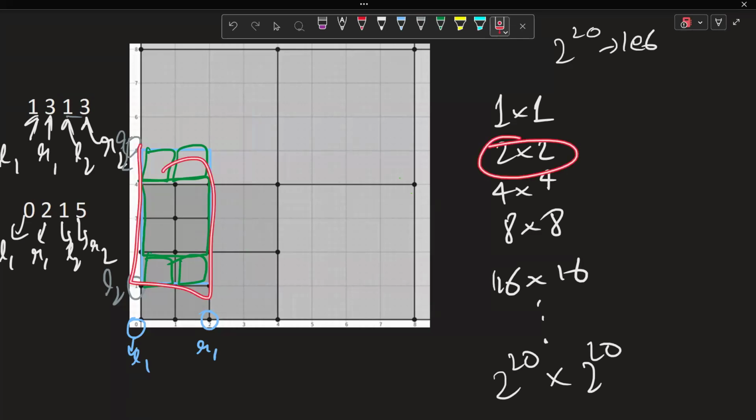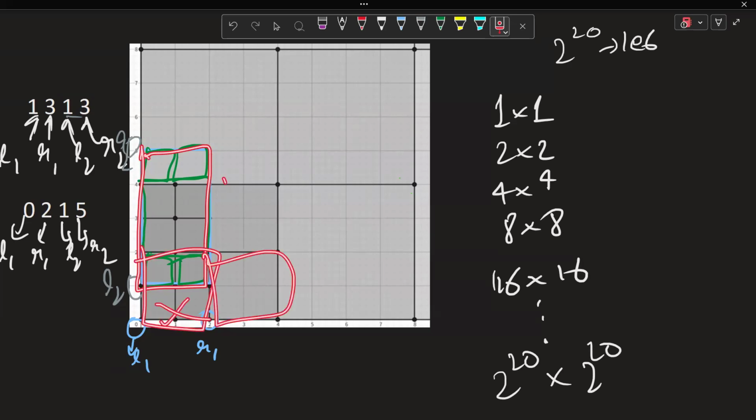At max, you can have a 2 cross 2 square here. So I try using a 2 cross 2 square first. Where can I fit a 2 cross 2 square? Inside this rectangle, which 2 cross 2 squares are completely inside? This one is not completely inside, this is not, this is not, but this particular 2 cross 2 square is completely inside this rectangle, so I picked that.